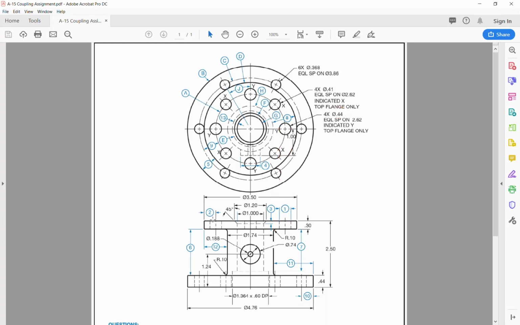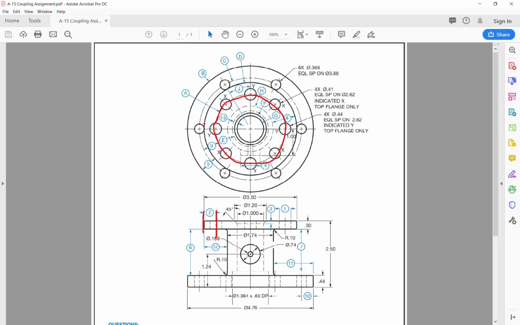Okay, let's look at number 2. Number 2 is the distance from the OD of the flange to the center of the hole. The hole lies on this bolt hole circle right here.